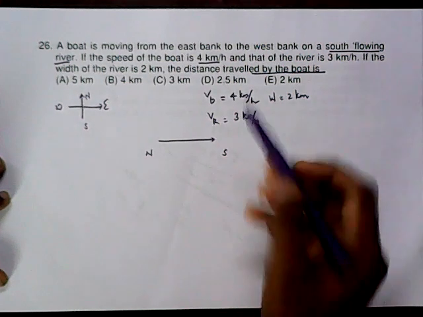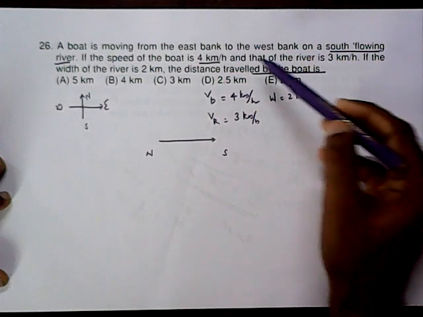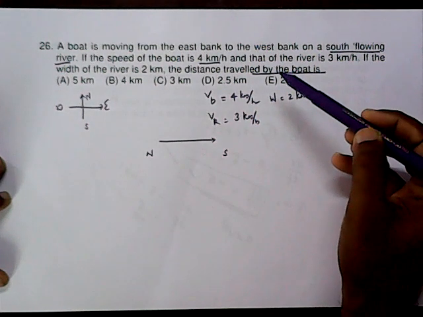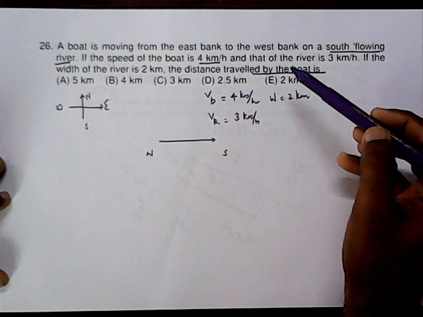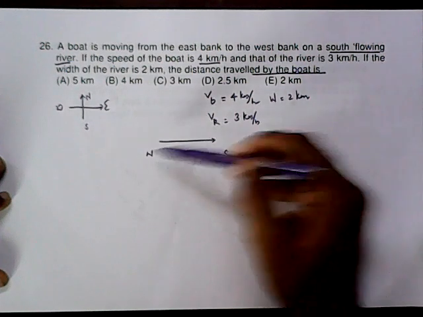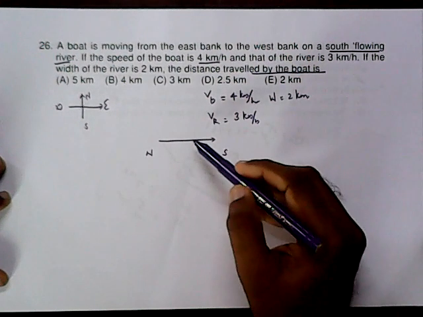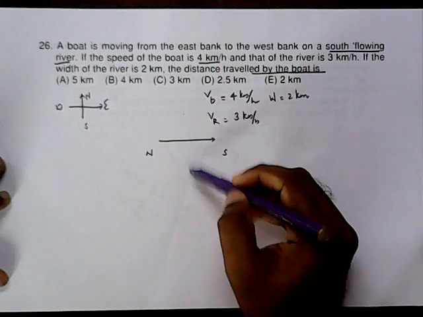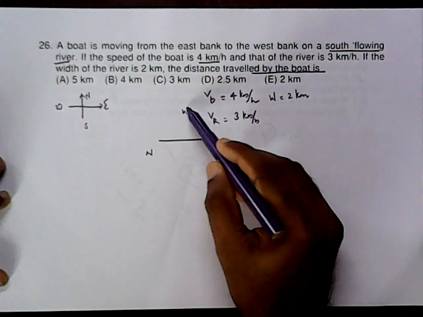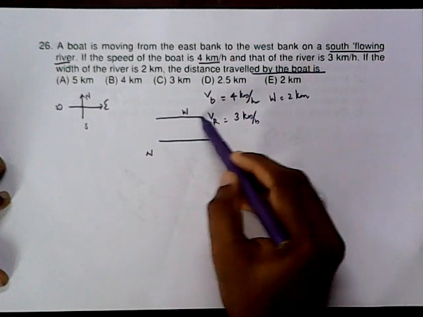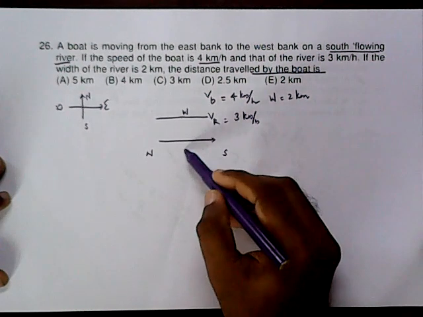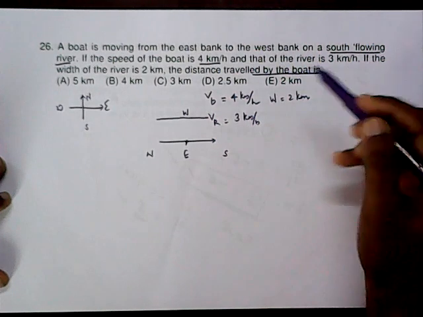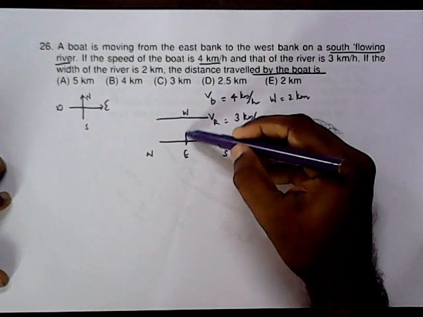And here the boat is moving from the east bank to the west bank. Suppose this is the east bank, and from this position the boat wants to move towards west.